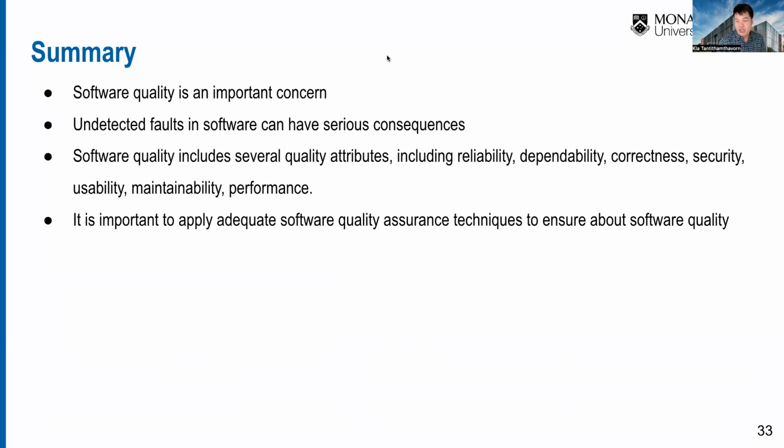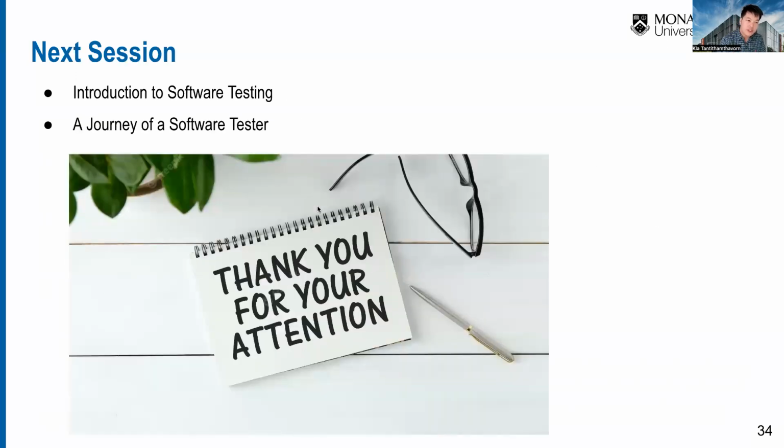And we talked about different approaches of software quality assurance and V&V. So that's all for today. And then in the next session, next week, we will talk about an introduction to software testing and the journey of a software tester. Everyone will practice as a software tester throughout the unit over the 12 weeks.